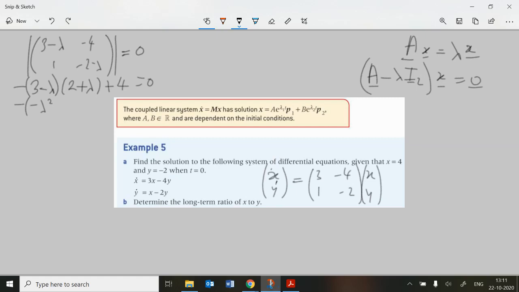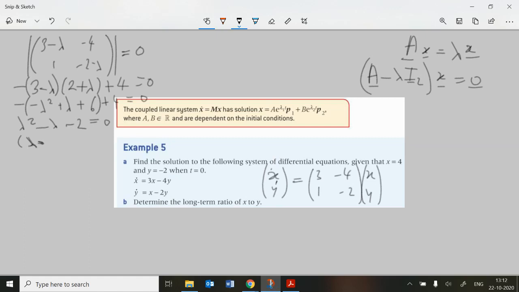Then we've got minus 2 lambda and 3 lambda, so that's plus lambda, plus 6 and plus 4 equals 0. That gives us lambda squared minus lambda minus 2 equals 0. So the two solutions are from factorization.